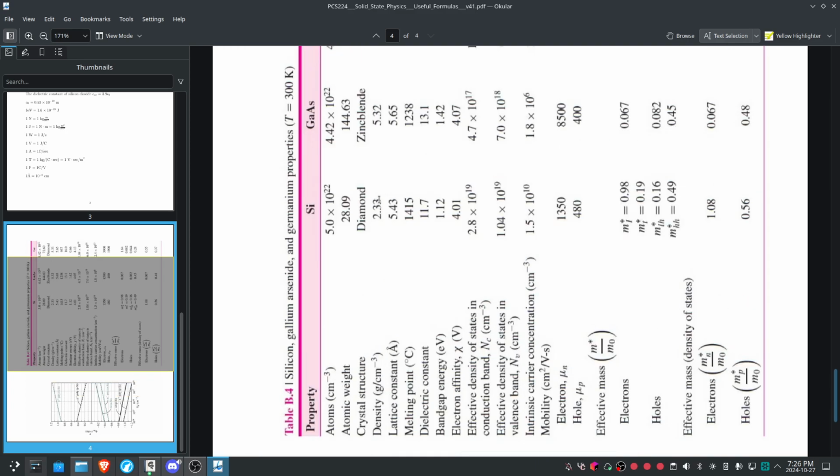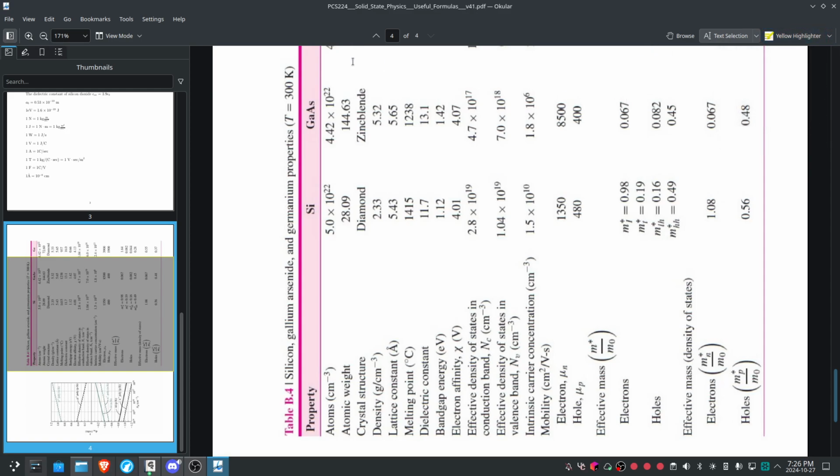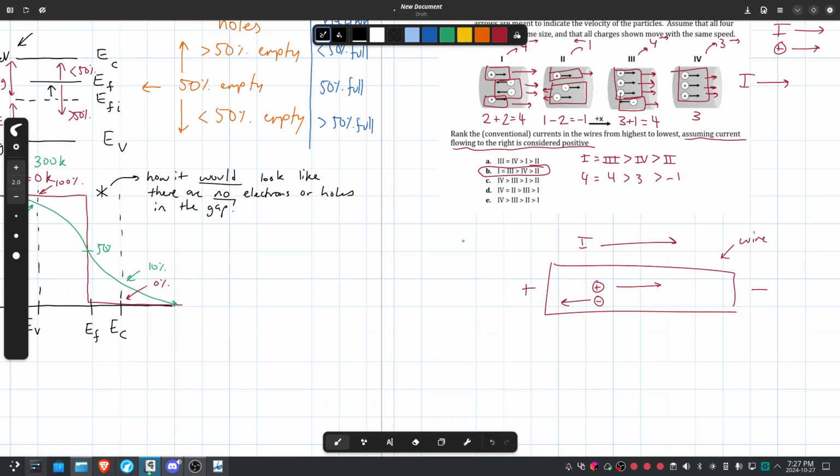But if you have it printed out, this is silicon here, and it's a little hard to read sideways, but this here says band gap energy of 1.12. I wish I had this the other way, but I have it printed in person.